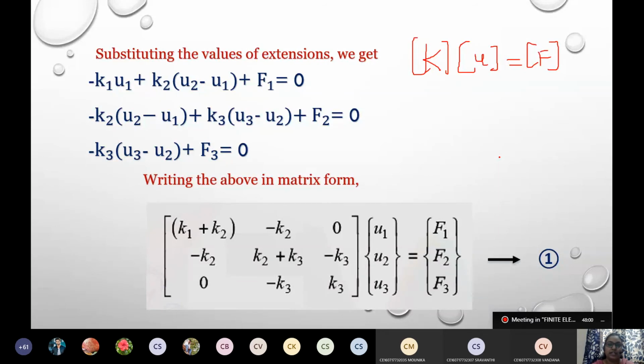We have taken the direct approach first. All right. So what is the second question in the same that is given to us is we have to assemble the equations using potential energy approach also, and have to check whether equation number 1 is same with the answer that we could get from the potential energy approach.